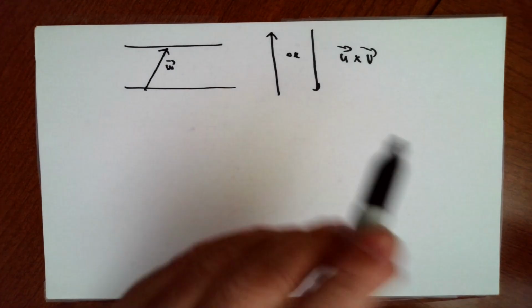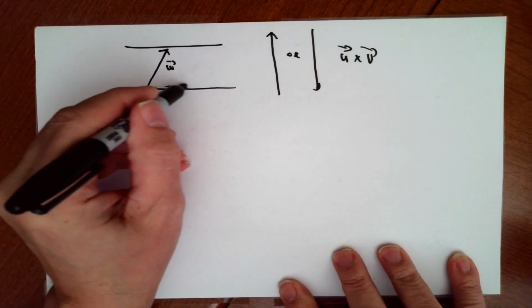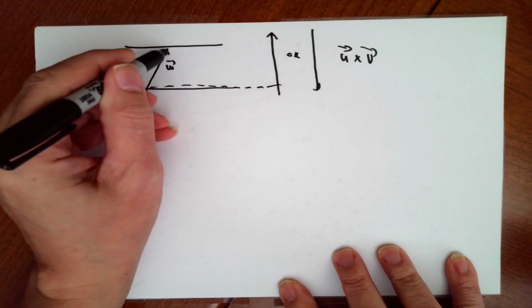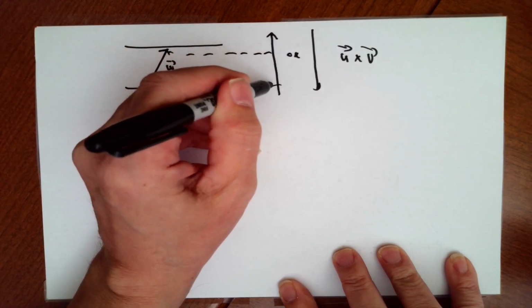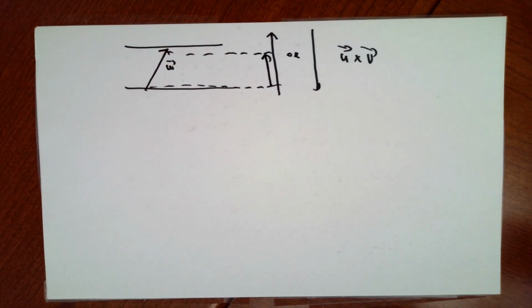Keeping in mind that I have two different possible orientations, if I take vector w and project it onto the right angle direction, the projection is either a positive multiple of u cross v or a negative multiple of u cross v. We'll eliminate the ambiguity in a moment.